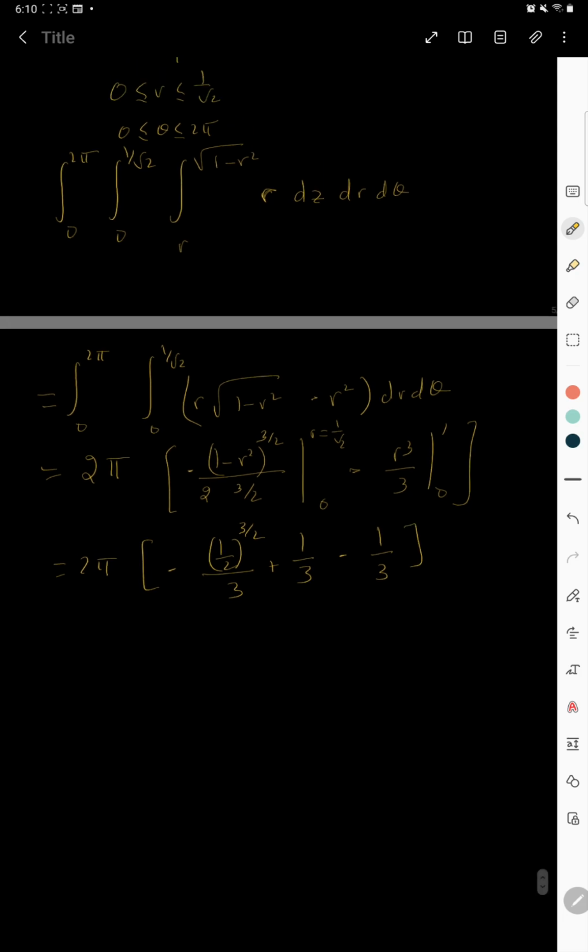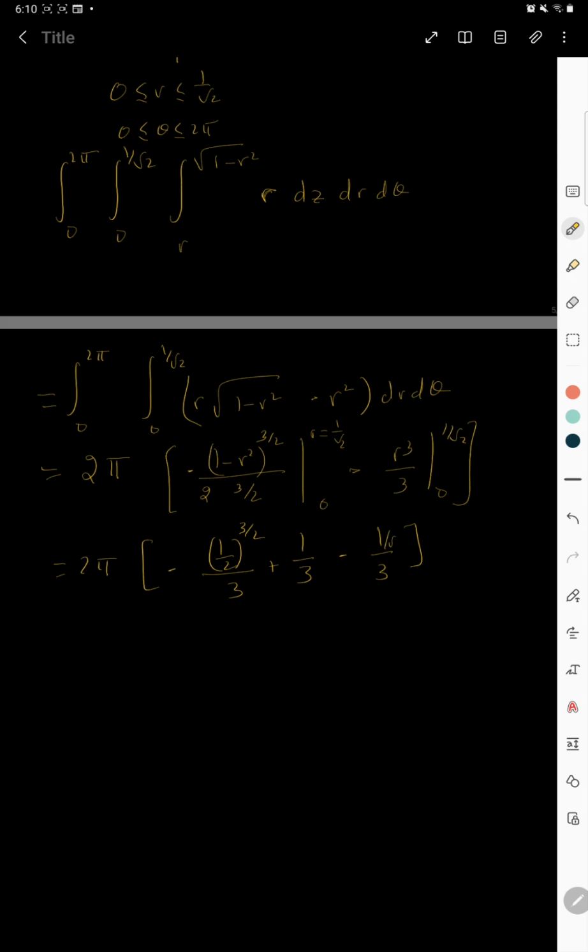Oops, we made a mistake somewhere. Let's double check that. Root 1 minus r squared minus r. Oops, sorry, this is 1 over root 2 here, right?